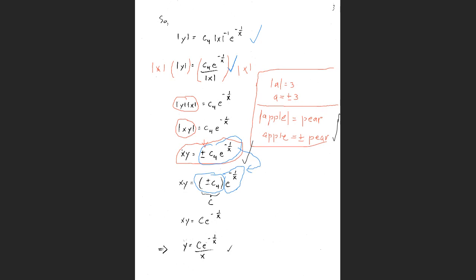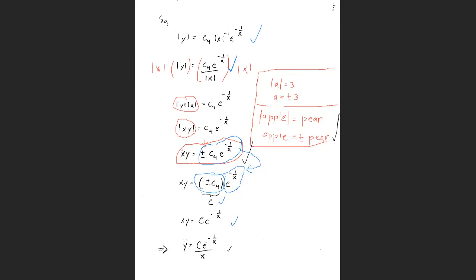And this is going to be the final constant that I am going to be needing. In other words, the constant's not going to be getting transformed anymore. So when that's the case, I put in a capital C. And WebAssign traditionally wants a capital C for its constant. So that means x times y equals C times e to the -1 over x.